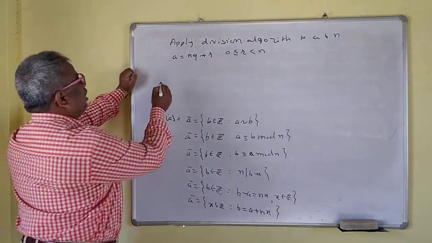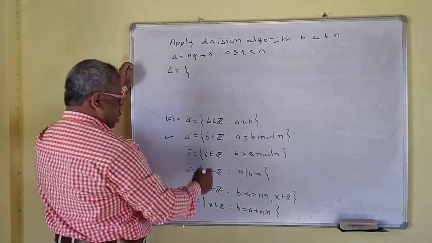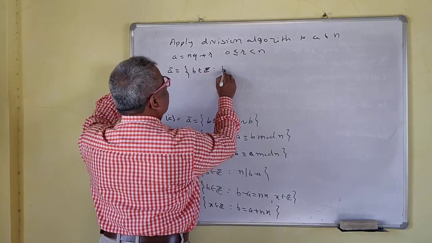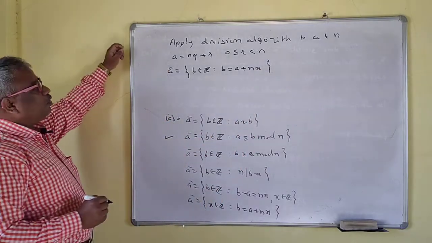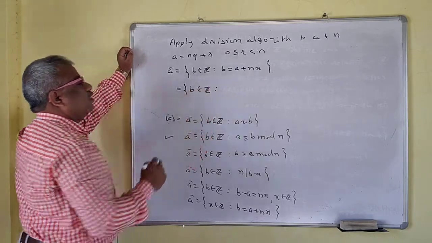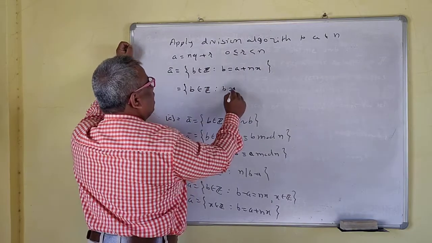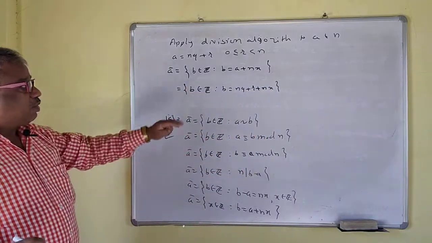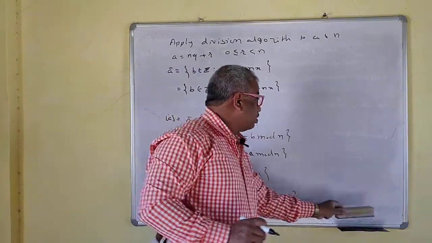Then a bar is the set of b belonging to Z such that b is equal to a plus nx. I will put the value of a now, so b is equal to nq plus r plus nx. So what is r here? r is the remainder when a is divided by n. So note this.